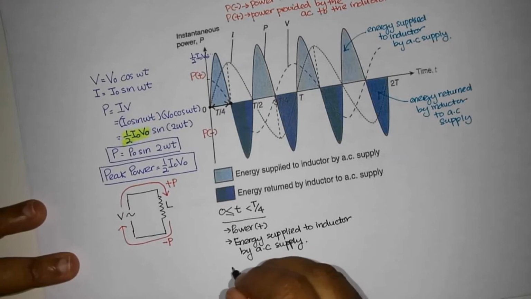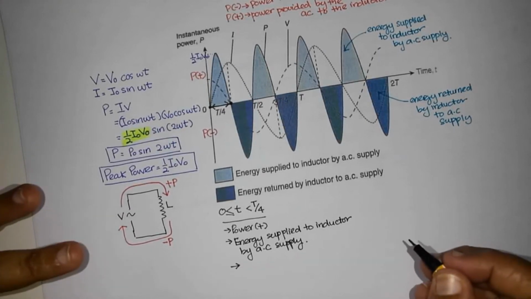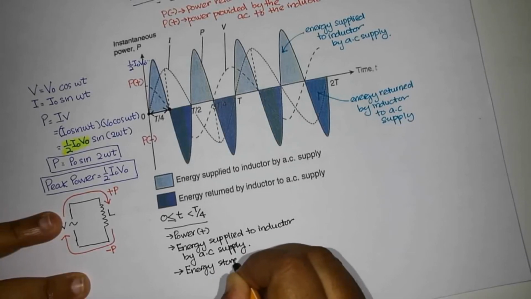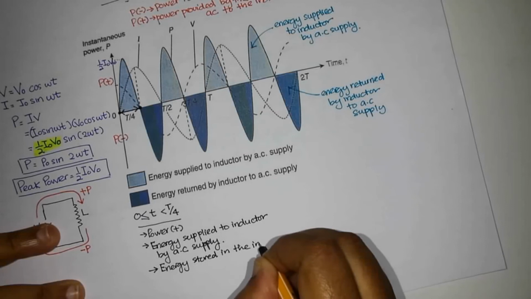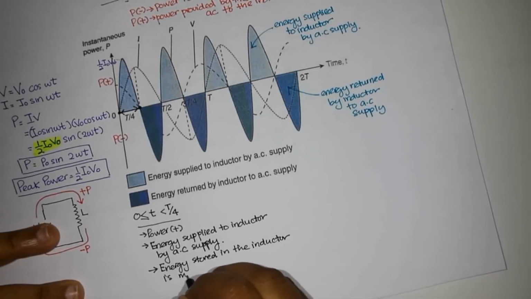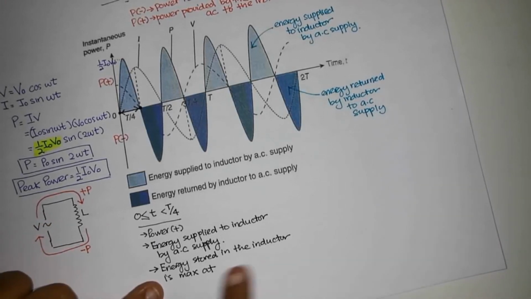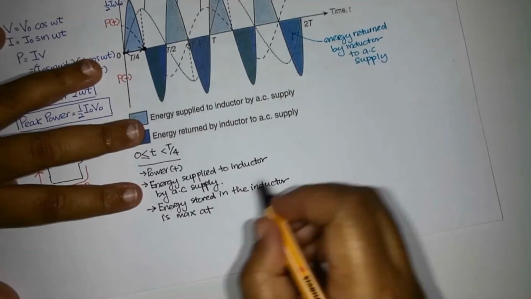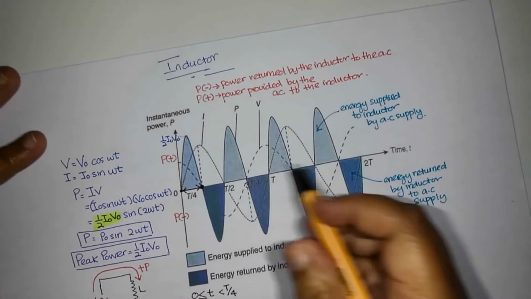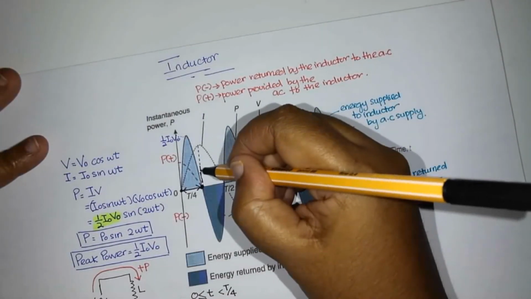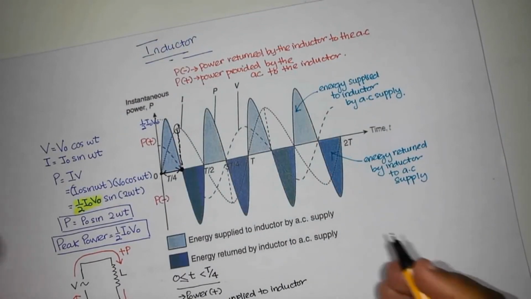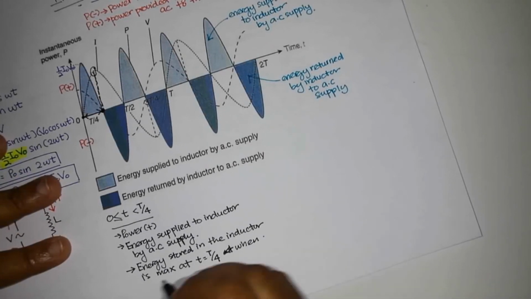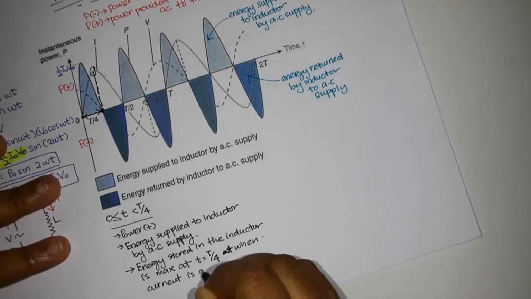The next keyword is that energy stored in the inductor is maximum at this particular point, and it happens at time t equals T over 4, when current is at its peak.